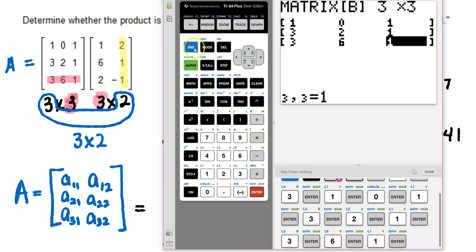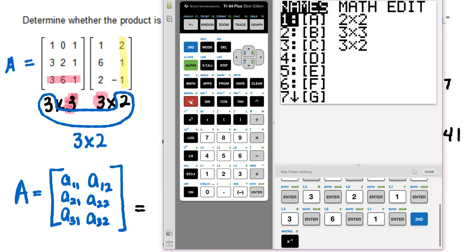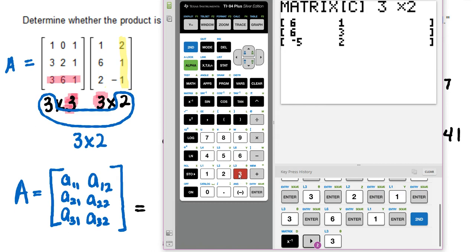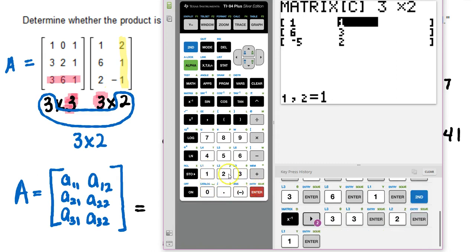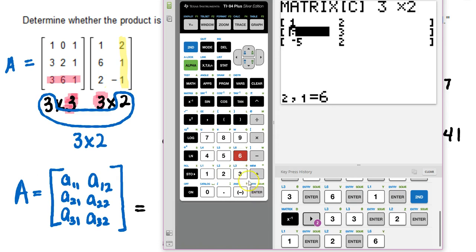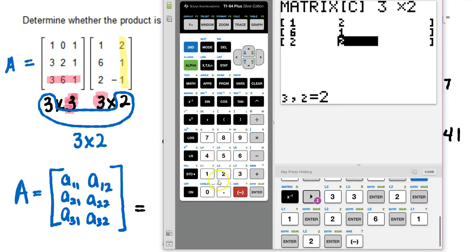And now I want to go back to the matrix menu again. I'm going to go over to edit, matrix C. And matrix C has 3 rows and 2 columns with entries 1, 2, 6, 1, 2, and -1. And I've got that one entered correctly.